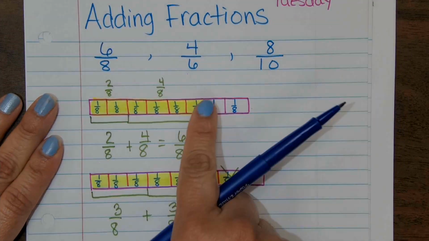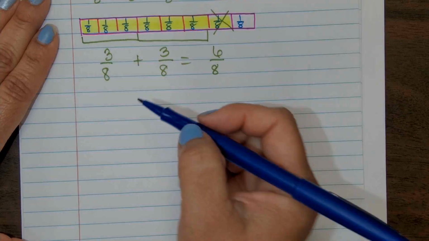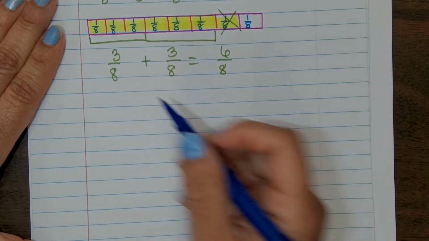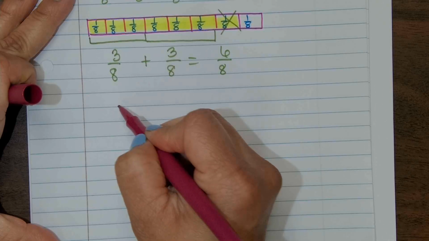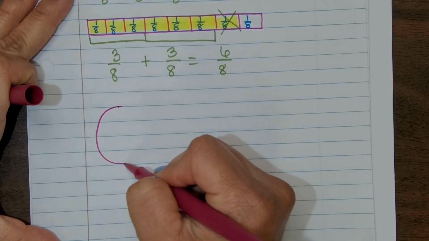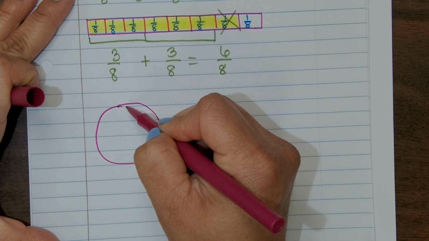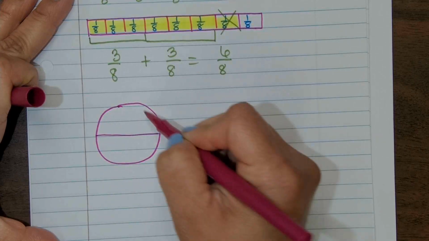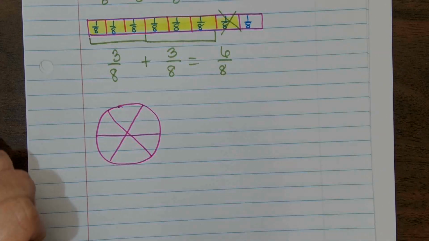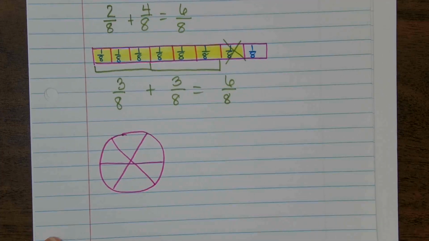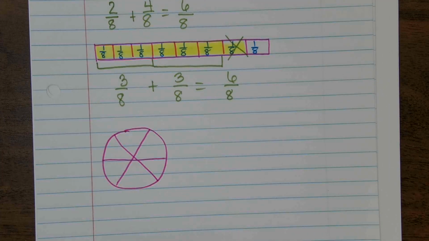Now let's go ahead and move on to 4/6. And let's use a fraction circle. Okay, so we need, those are 6. We need 4/6. So I'm going to label them.